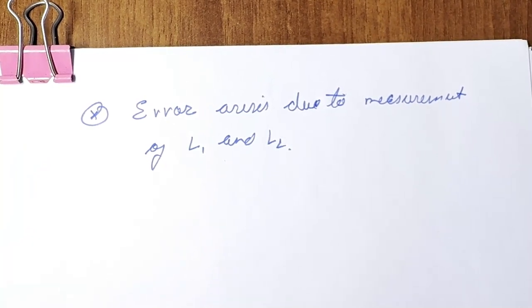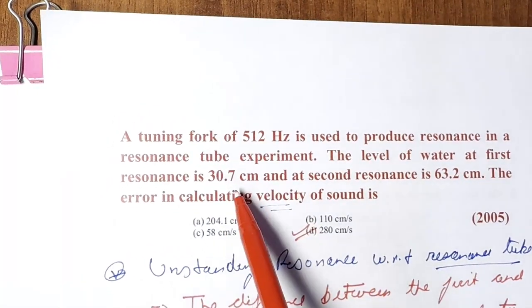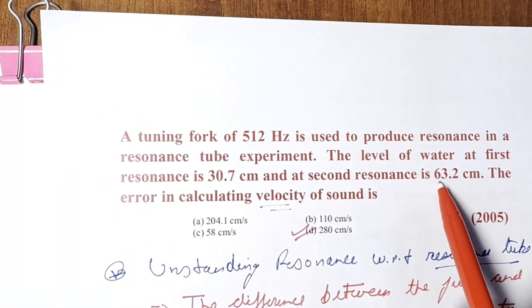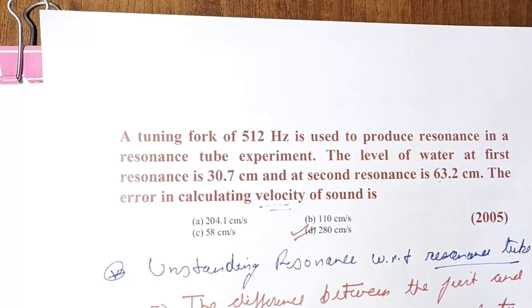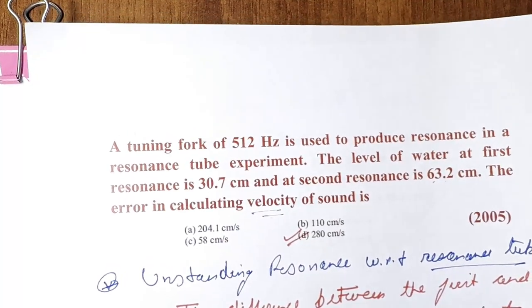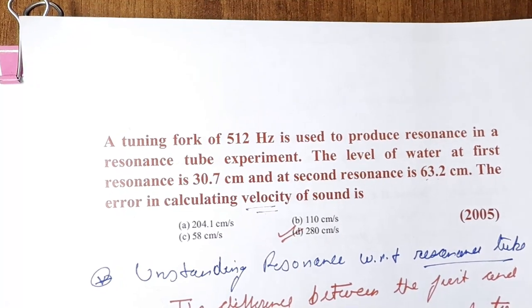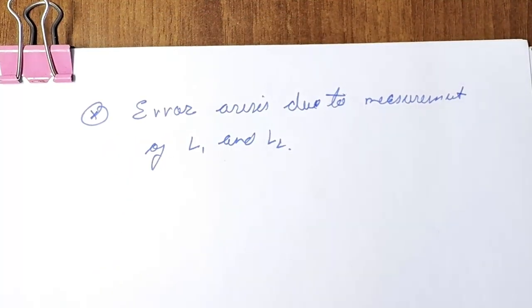The value of L2 is 63.2 and L1 is 30.7. It means both measurements, L1 and L2, will have an uncertainty of plus minus 0.1 centimeter.